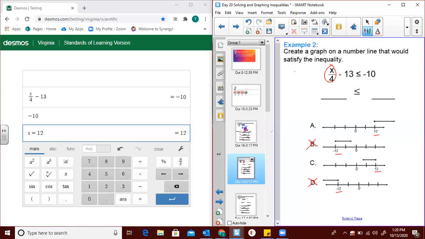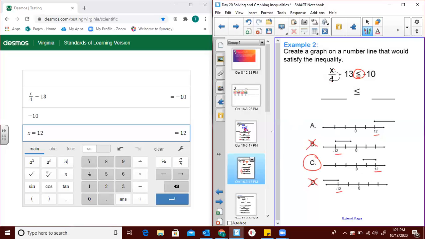That's the same as 1/4 x. So we can tell that it's positive, which means that this sign does not need to change, which means that our x value is going to be less than. So without doing any math, I can prove to you that it is C.